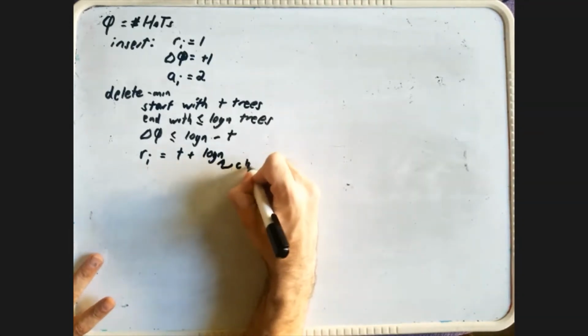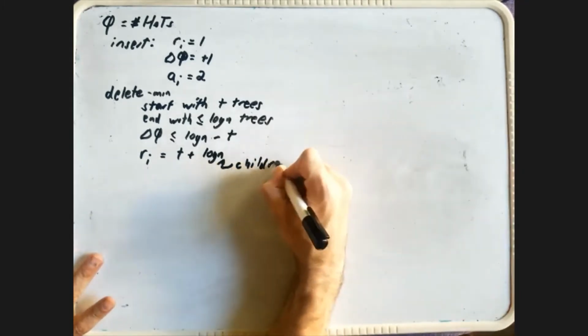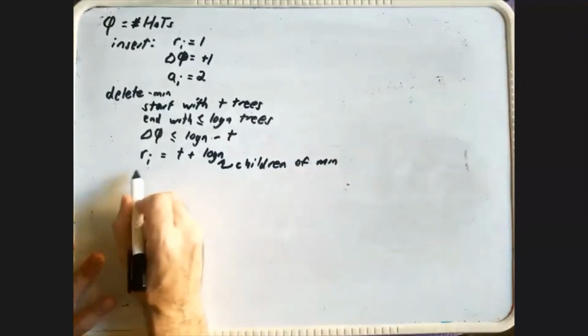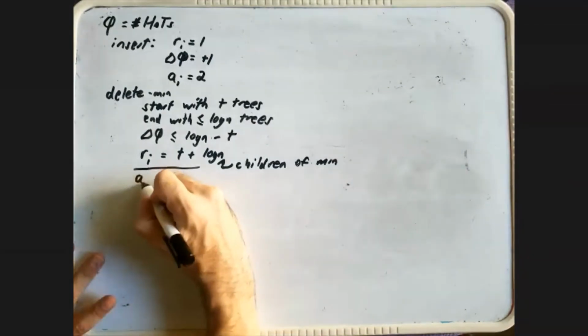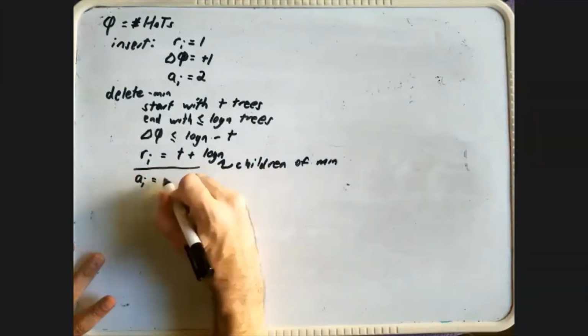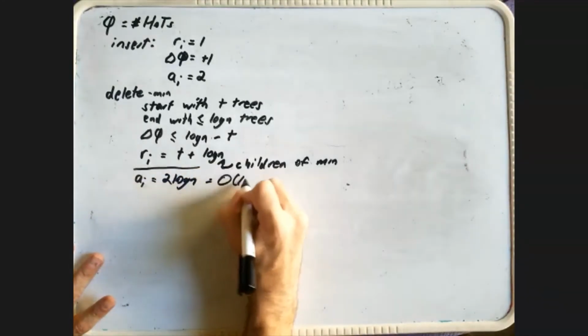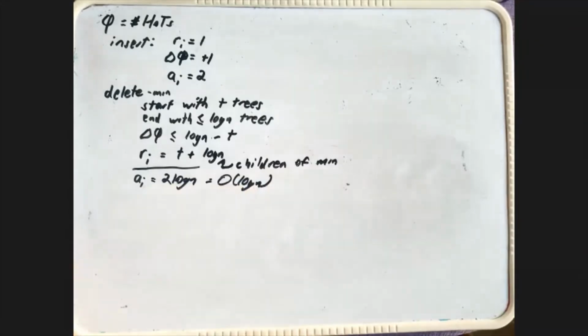Exactly. So this is the children of the minimum. So if we add these up, the amortized cost is equal to 2 log n, or order log n. And so we already had in our Fibonacci heap a data structure with a constant insert time amortized and an order log n delete min time.